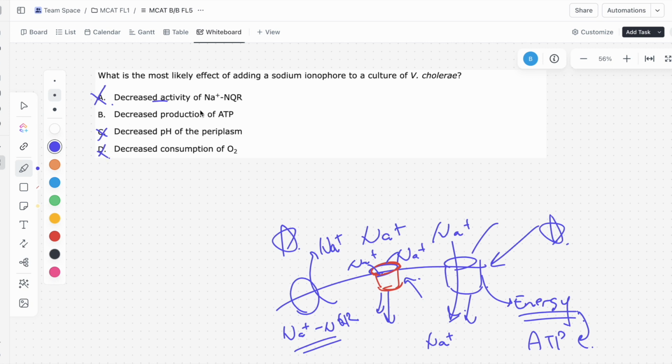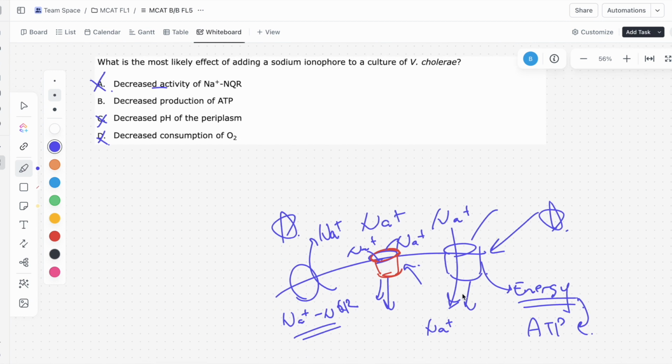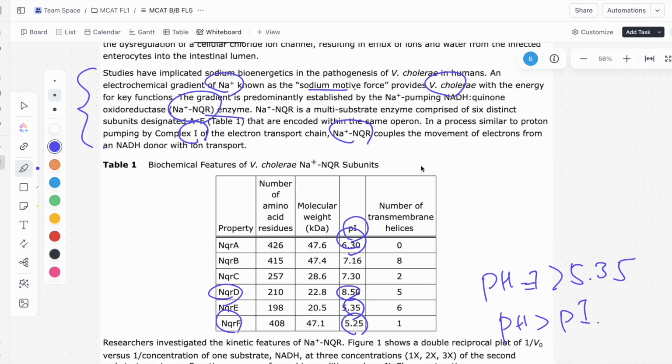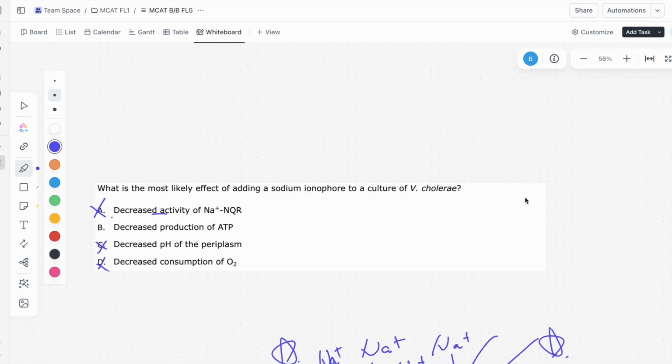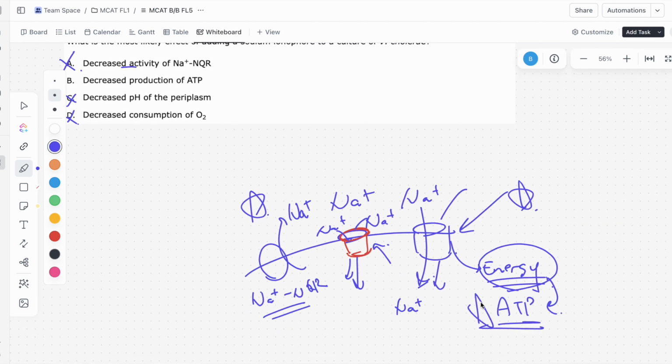B is the best supported answer, decreased production of ATP. Like I said, if you have less sodium going down through this machine, you're going to form less energy. Remember, the paragraph tells us that this sodium motive force provides us with energy, and that energy is likely going to be in the form of ATP.